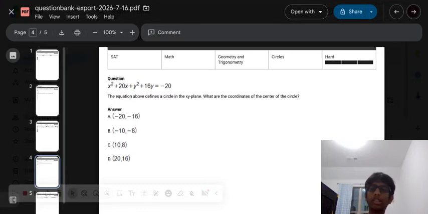Our fourth question says the equation above defines the circle in the xy plane. What are the coordinates of the center of the circle? This is also important.